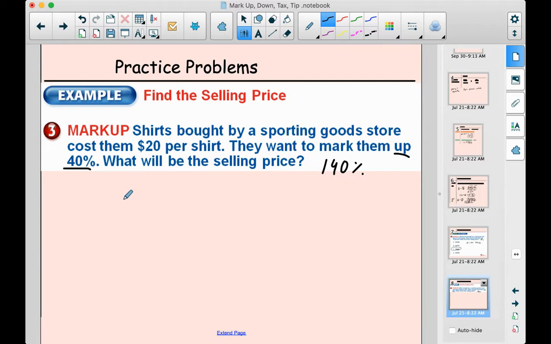So how much that is, that's the part, equals the percent as a decimal. 140% as a decimal is 1.4 times $20, the original amount. Again, notice I'm just multiplying the amount by the percent as a decimal. If I do that, I get $28. If they mark up 40%, they want to sell them for $28. $20 of that will be getting back what they paid. The other $8 is the 40% markup that they get for profit.